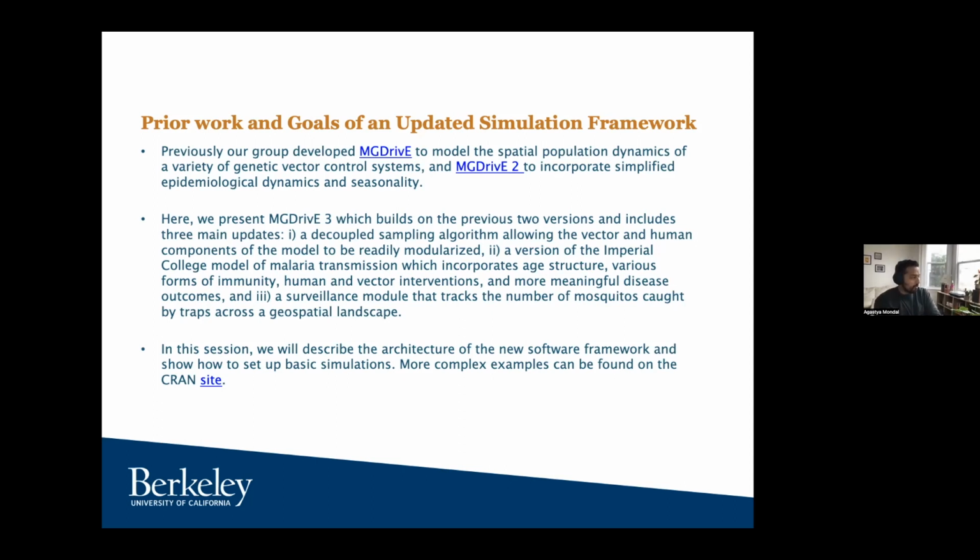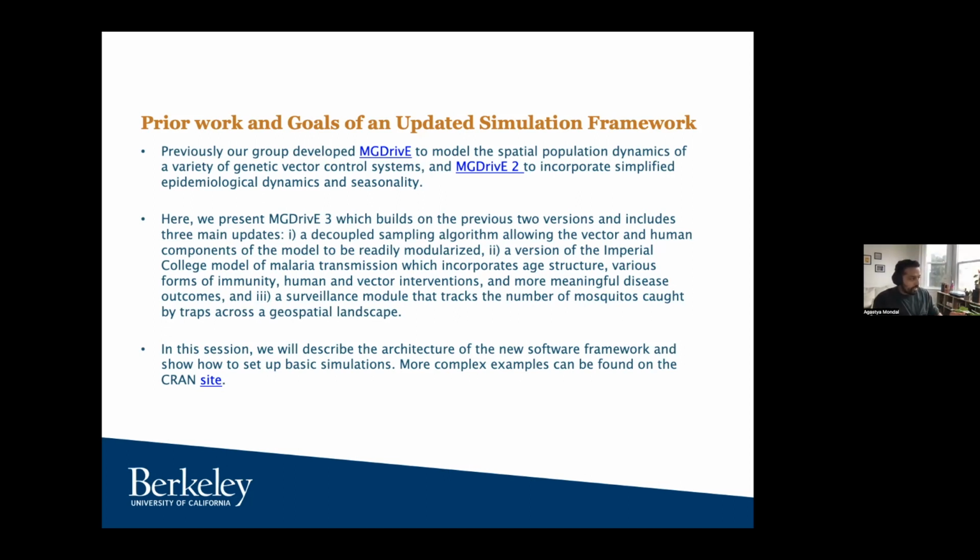It has three major components that it adds. The first is a new sampling algorithm that allows the vector and human components of the model to be formulated in whatever way they need to be formulated, and can be readily modularized and swapped out for different models if needed. And I'll talk through how we did that.